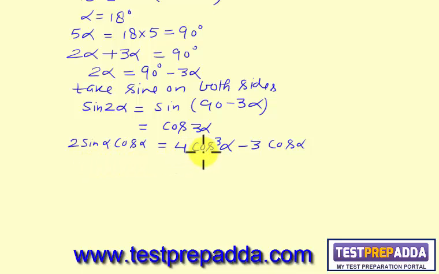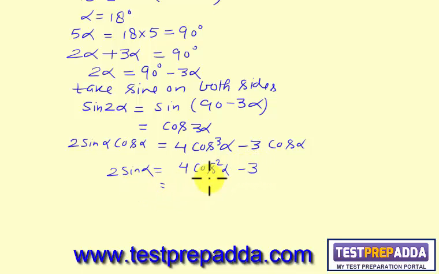Okay, now 4 cos cube alpha minus 3 cos alpha. If I take cos alpha common, 1 cos alpha will get cancelled. So at the end, it will be 2 sin alpha is equal to 4 cos square alpha minus 3.